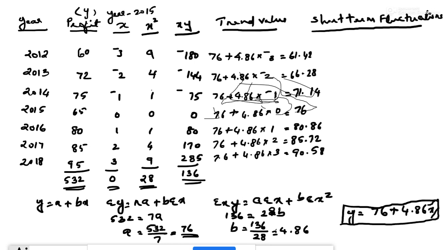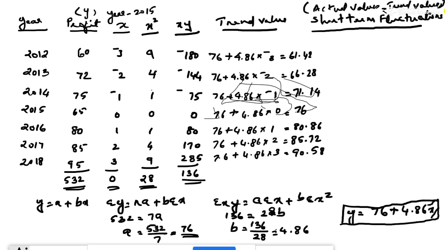Then you are also required to calculate the short-term fluctuations. So here short-term fluctuation means actual values minus trend values. Okay, so the formula for short-term fluctuation is actual values minus trend values.